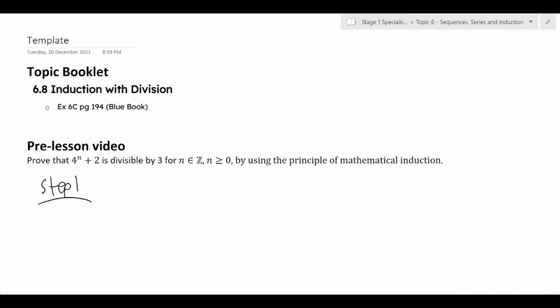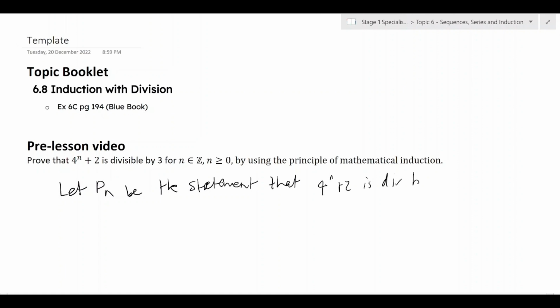Usually this would be to check P1, but we're actually checking P0. I guess before I do this I should say, let Pn be the statement that 4 to the n plus 2 is divisible by 3.